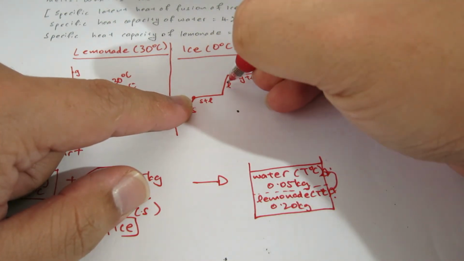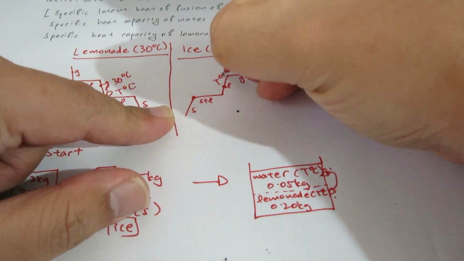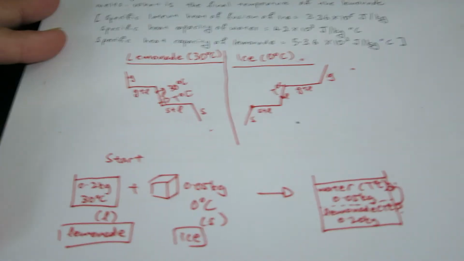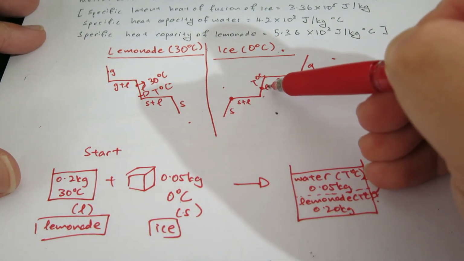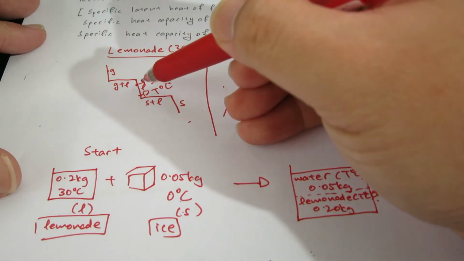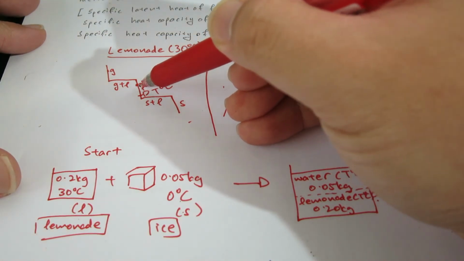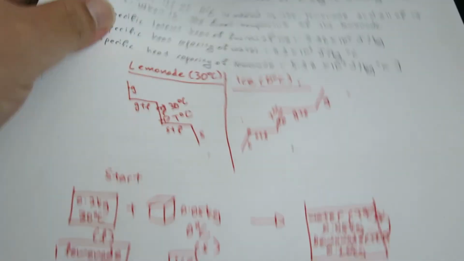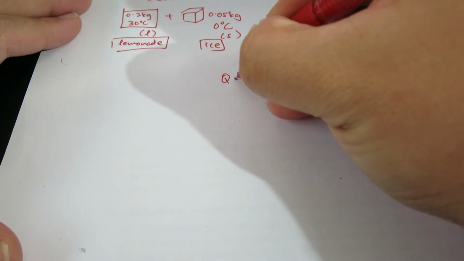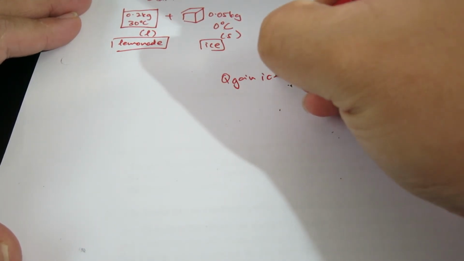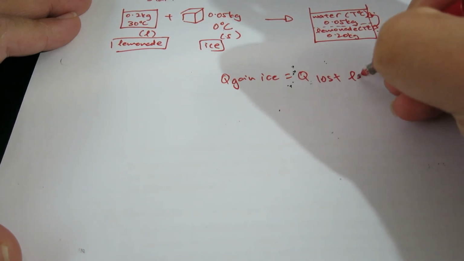Then it ended up in the liquid state at some temperature I do not know, but it ends up at T degrees Celsius. Now that my setup is enough, I know that the amount of energy I need to get from here to here is equivalent to the energy that the lemonade needs to get from here to here. So then I just set up the problem and write the solution. The amount of energy gained by the ice is equivalent to the amount of energy lost by the lemonade.